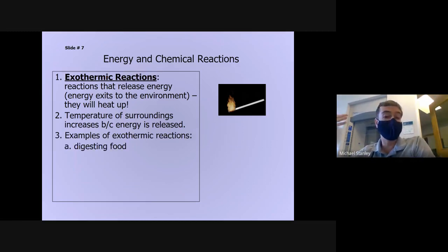Digesting food is a great example of exothermic reactions. Our body consumes a lot of food. We need a lot of energy to keep up our body's activities. One of the reasons for that is our high internal body heat. I'm guessing that by now, in these COVID times, everybody has had their temperature checked at least once, either going to the doctor or going to a store.